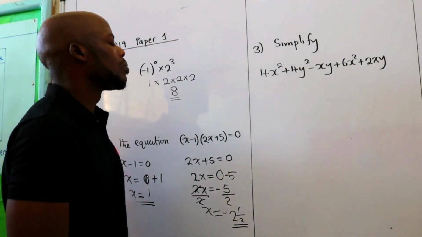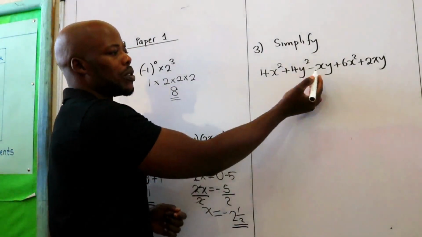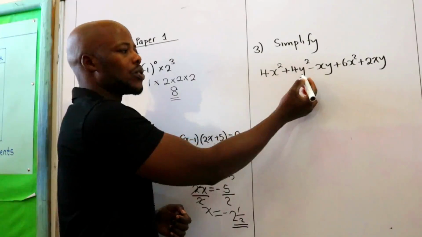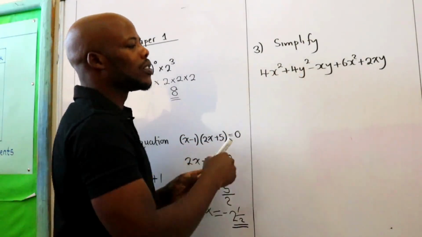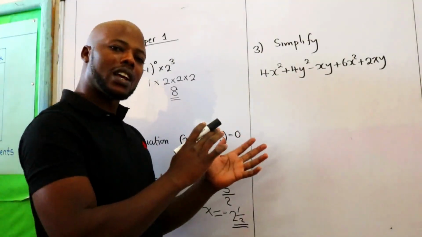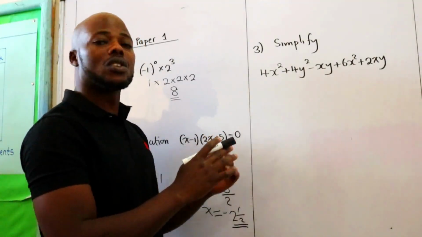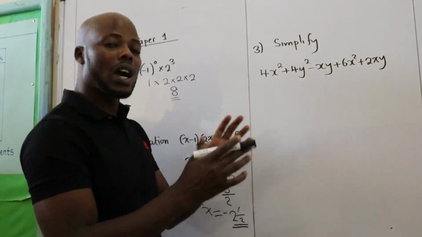Question 3 here. We have been told to simplify this. It's complicated, so they want us to make it simple. How do we make this one simple? We just check things which are alike, so terms with like variables are grouped together.